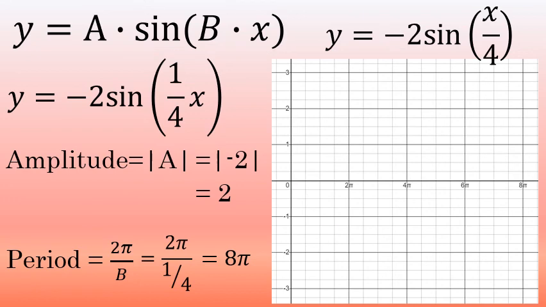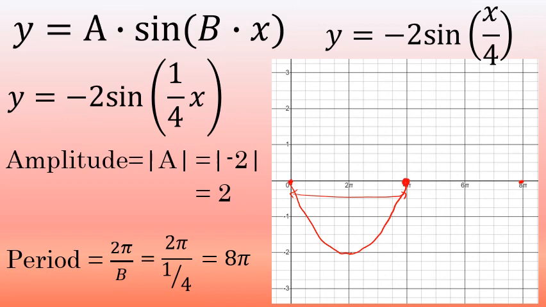So the way that this is going to look is we'll start at 0, 0, and halfway between 0 and 4 pi will be the bottom of the amplitude. We'll be 2 units below the x-axis before coming back to the x-axis at 4 pi.